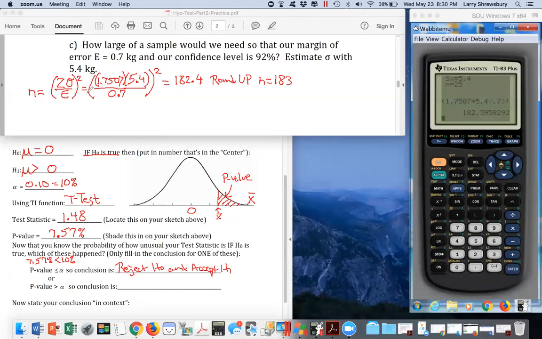Because being 30 or more is enough to meet the conditions for the method, but it may not necessarily be big enough to get things narrowed down enough. That you don't know until you do your sample size calculation. And of course, this would increase the power of the test. You'd be more able to detect differences from the hypothesized value.